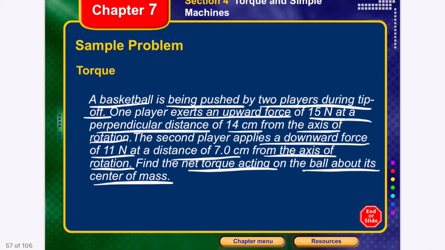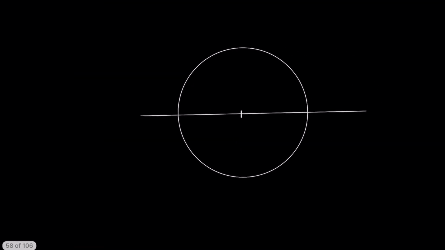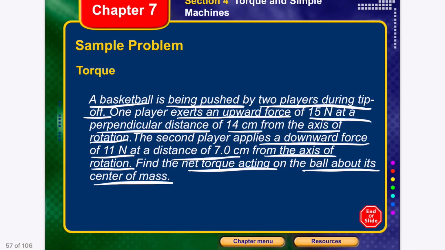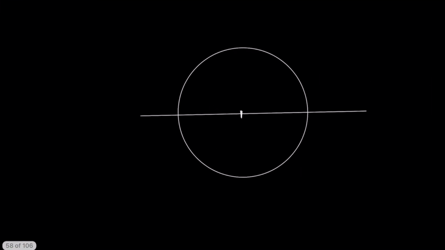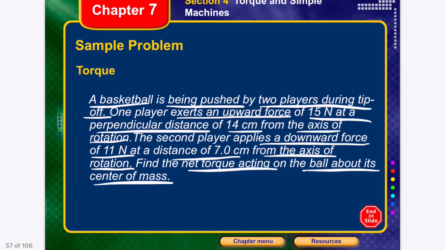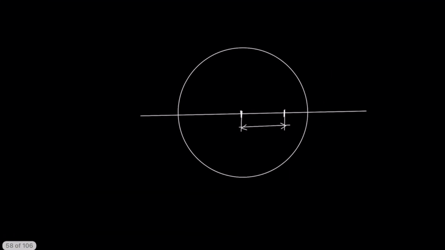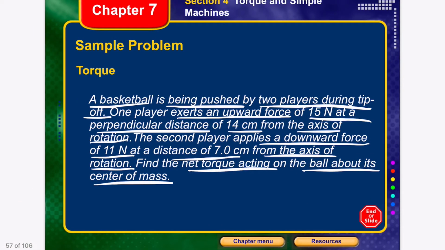One player exerts an upward force of 15 Newton at a perpendicular distance of 14 centimeters from the axis of rotation. This is the first force, and it is being exerted upward. And you have another force: the second player applies a downward force of 11 Newton at a distance of 7 centimeters from the axis of rotation.